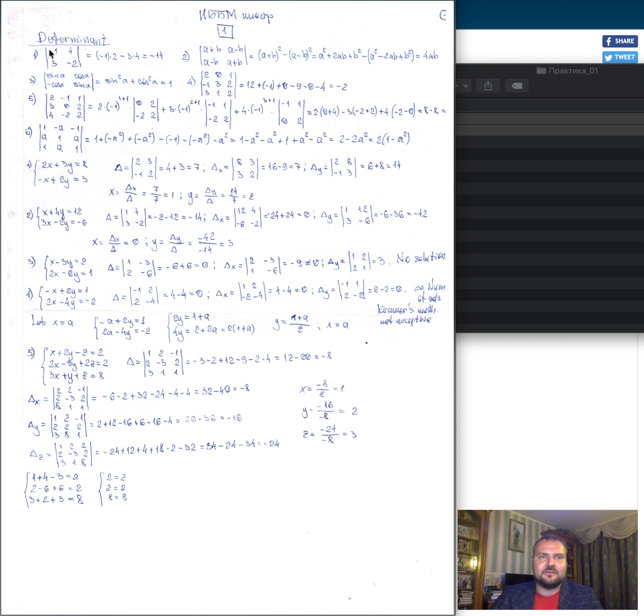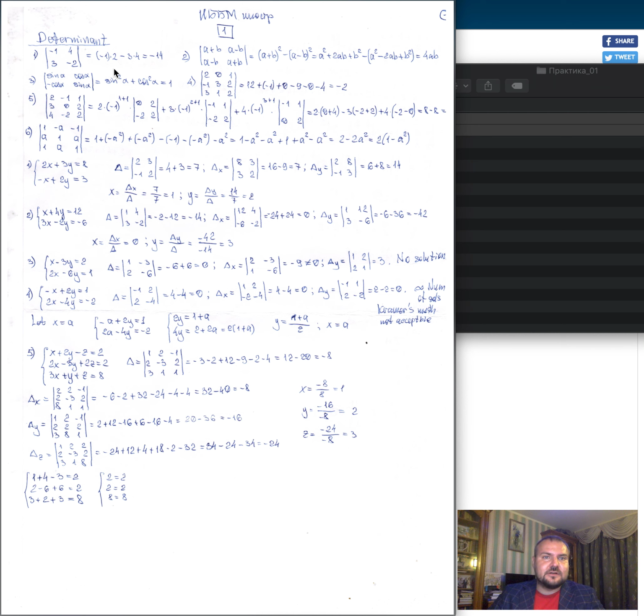The first example, the matrix of size 2 by 2 with the elements in the first line -1, 4, and 3, -2. To calculate the determinant of this 2 by 2 matrix, we need to calculate the product of the main diagonal with a positive sign, minus the product of the elements on the not main diagonal.